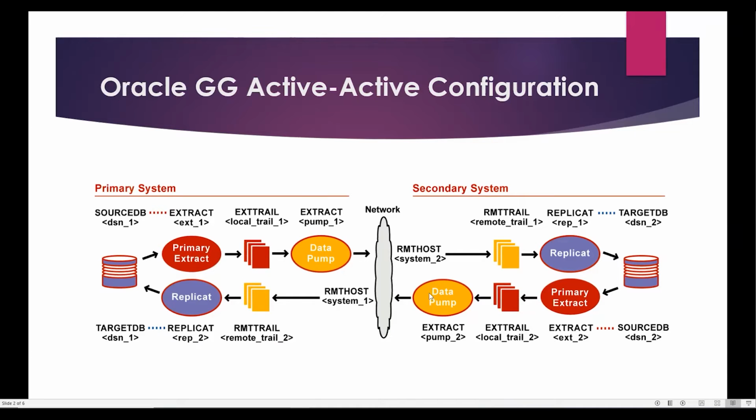After that, it will transmit the data through the data pump, and from the data pump it will write in the remote trail file. From here, it will replicate the data to the target database. So it's basically an active-active configuration. Whatever data is here, it will replicate using the GoldenGate mechanism of extract and replicat processes.